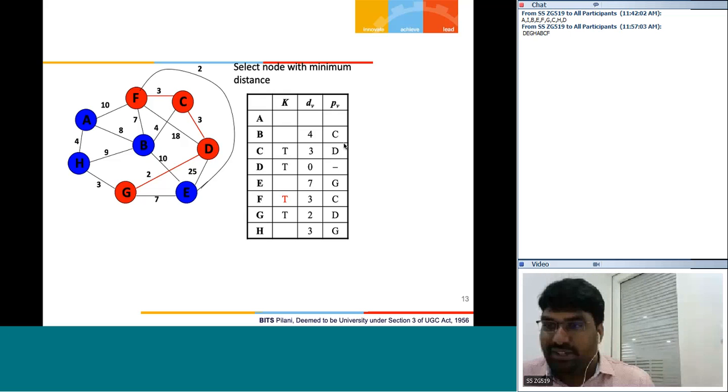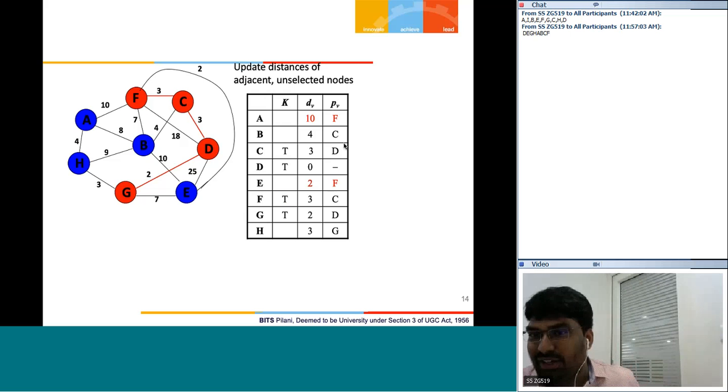From F to E, initially cost is 7. A is 10. From F I can reach A with 10. And you can see here any updation has happened. You see the value for E has got to 2.